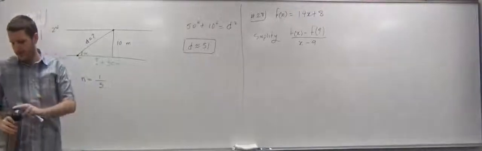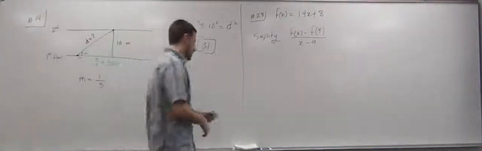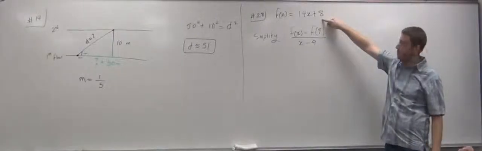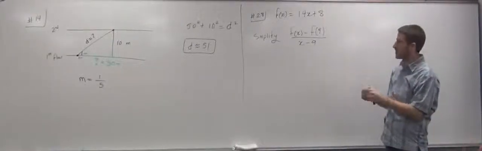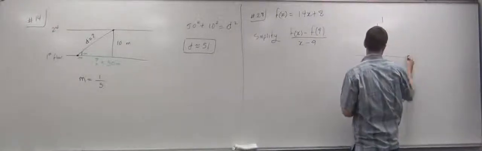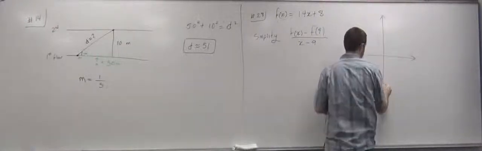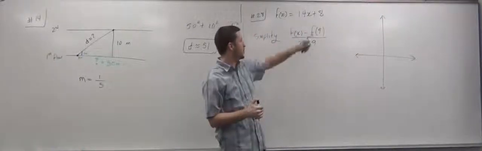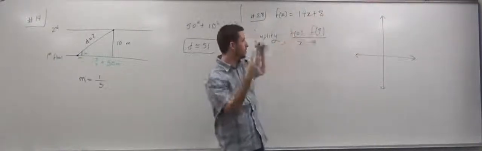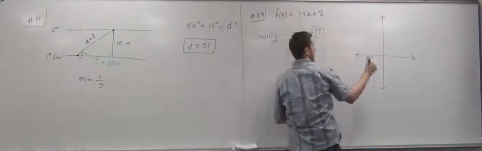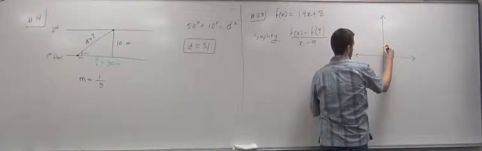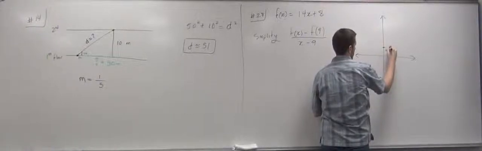You guys see that? Let me show you. First of all, you guys know how this graph looks? This function, 14x plus 8, what's it look like? It's a line, right? Pretty steep line, slope 14. Through 0, 8, this is the y-intercept. So to graph it, I go to 0, 8, the y-intercept.